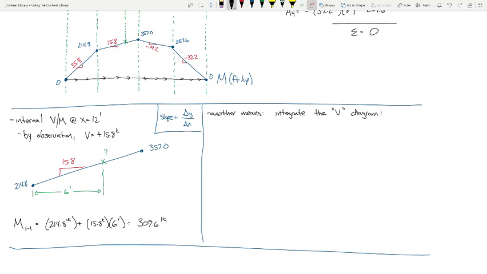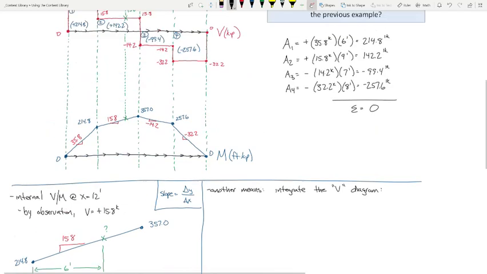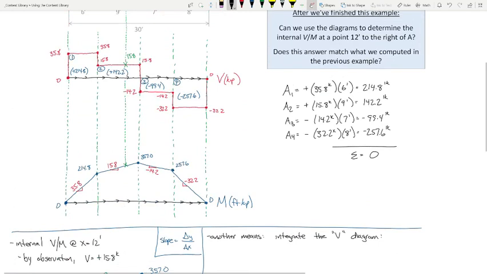And here's what I mean by that. Okay? So if I take a samurai sword or lightsaber through the shear diagram, I'm going to look to the left. Okay? So let's kind of see what that looks like.